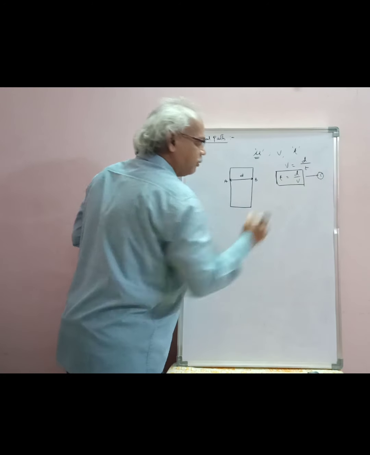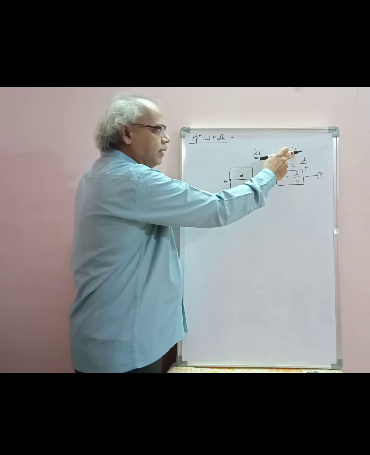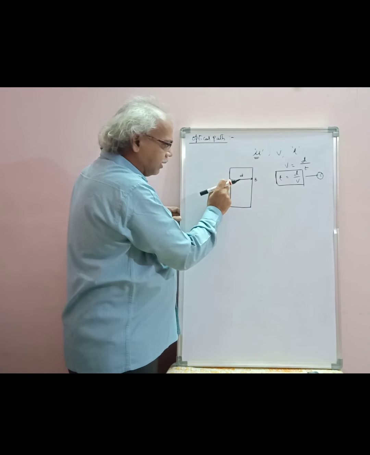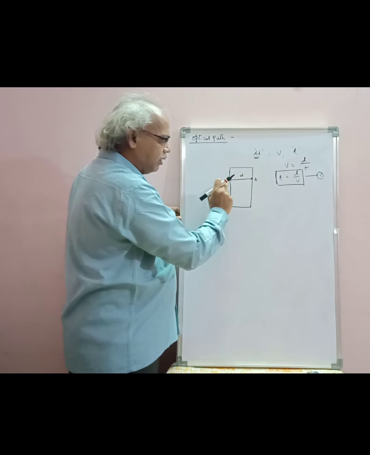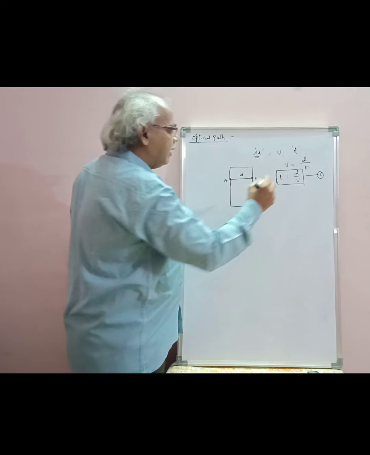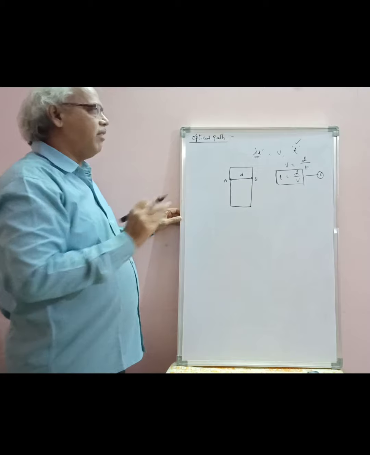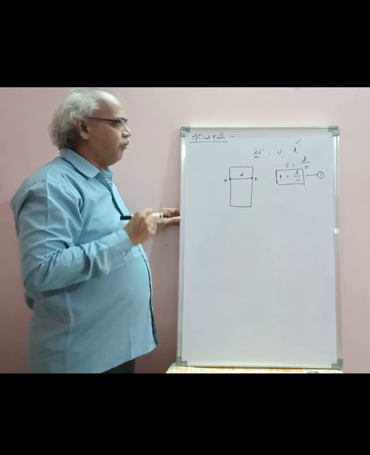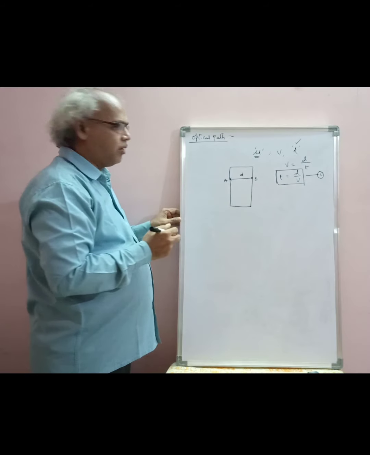It is the first point. In time t the light crosses from this point to this point AB, the thickness of the glass slab. Then in the same time t, the distance travelled by light in vacuum is called the optical path.